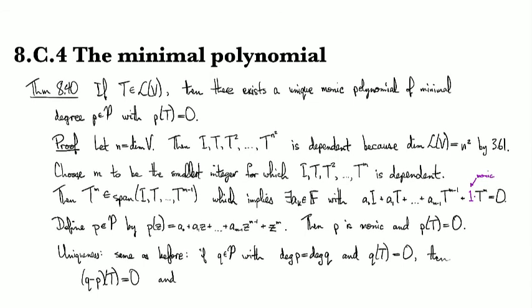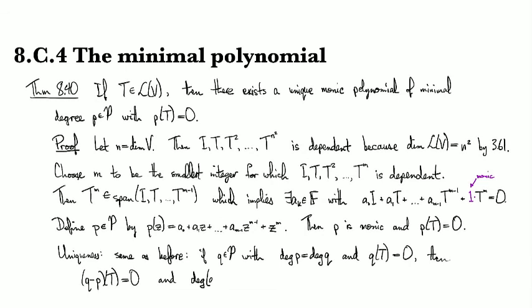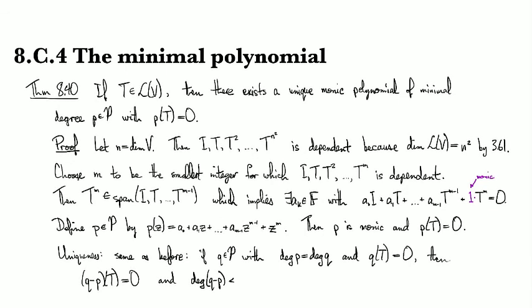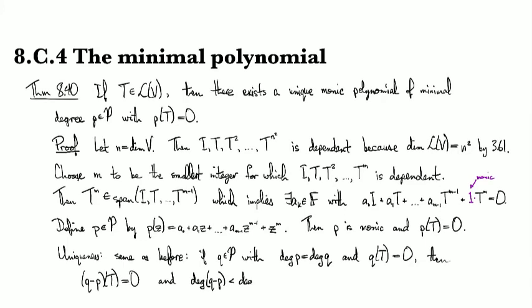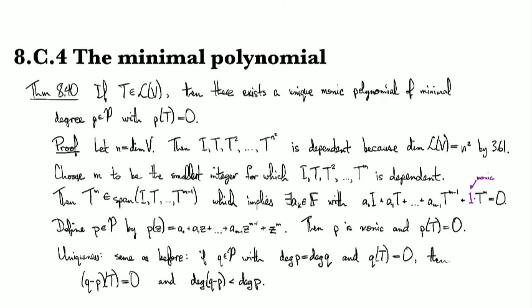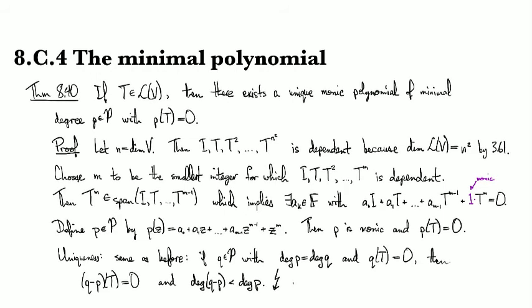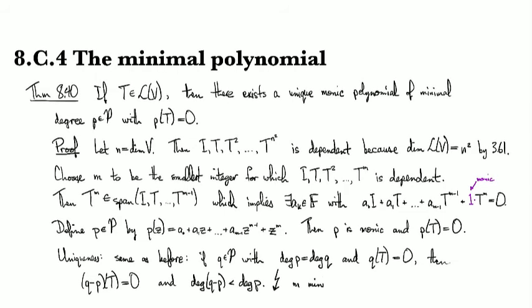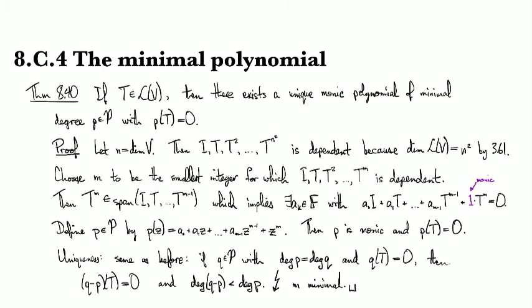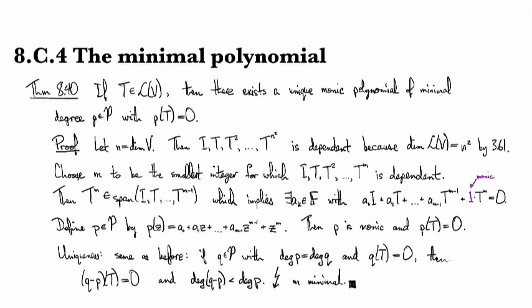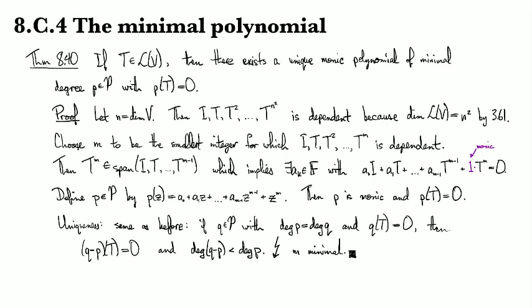And by the fact that they're both monic, the degree of q minus p is strictly less than the degree of p, which violates minimality. Okay. So there we go. A legit proof that works now even in the complex case.